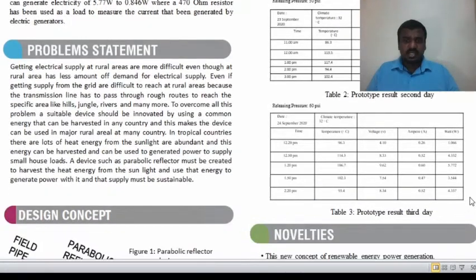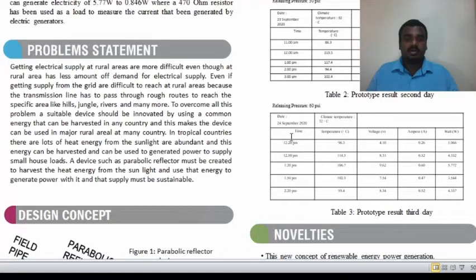And the last test was at a releasing pressure of 60 psi. On that day, we got 5.772 watt, which was the maximum power we got. The time was 1:20 p.m., and the parabolic reflector temperature was 106 degrees Celsius.